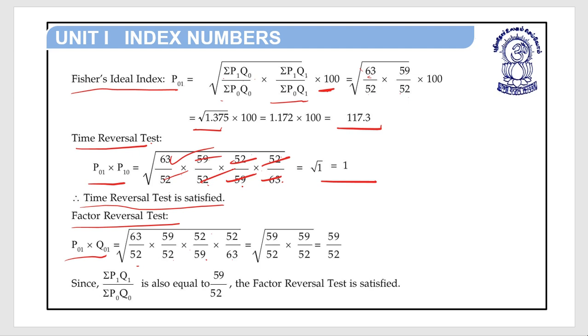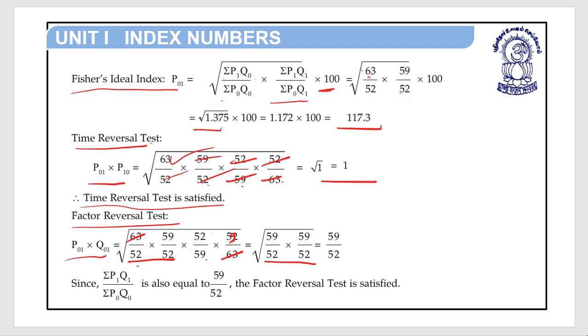Okay, there is a mistake here. It should be 59 into 59 upon 52, 52, and 63 cancels.